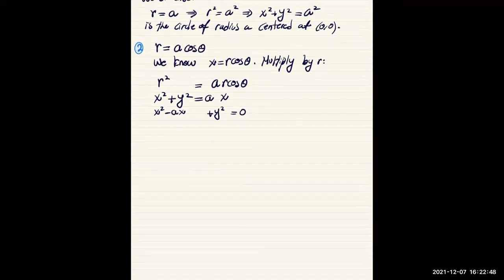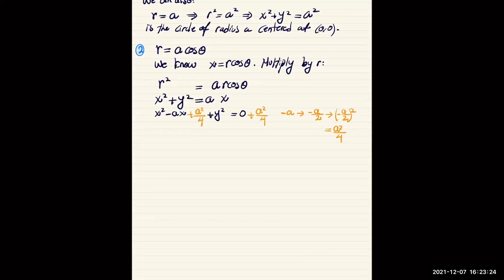I'm not sure if you have done completing the square in algebra, but what you do is you take the middle term. The middle term is negative a. You divide that by 2 and you square it. And that gives you a squared over 4. So what you do is you add a squared over 4 to the left and a squared over 4 to the right of the equation.